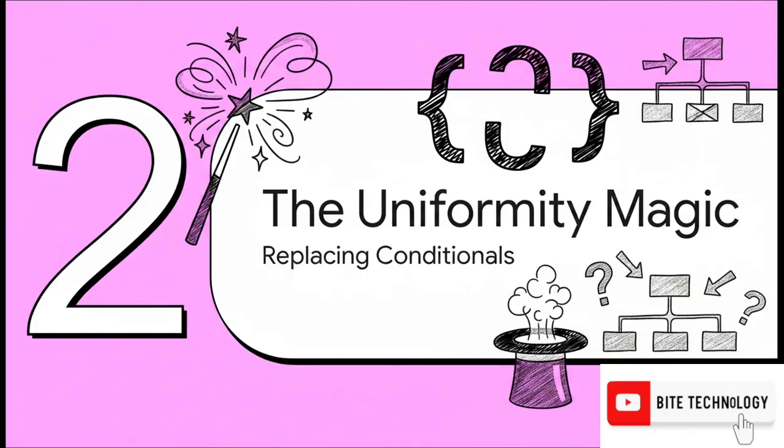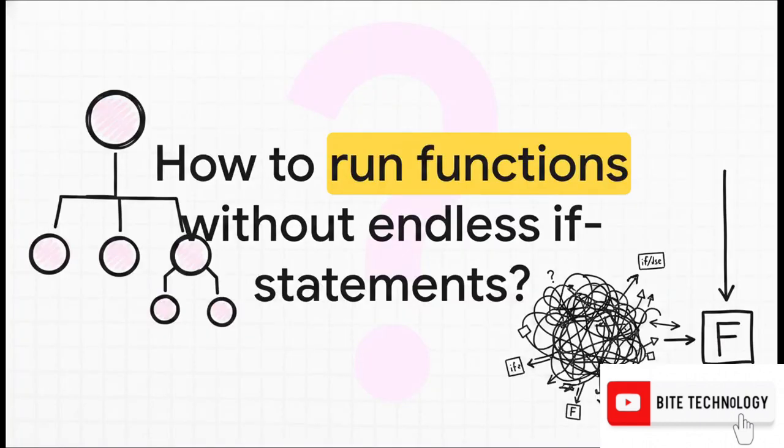Moving right along to Section 2, the Uniformity magic trick, replacing conditionals. This is the painful reality pretty much every developer has faced at some point. Say we want an algorithm to collect the last names from every single person in our family tree. How do we avoid writing brittle code that constantly has to check if a node has children? Usually, you'd end up writing a massive, ugly block of code full of type checks.